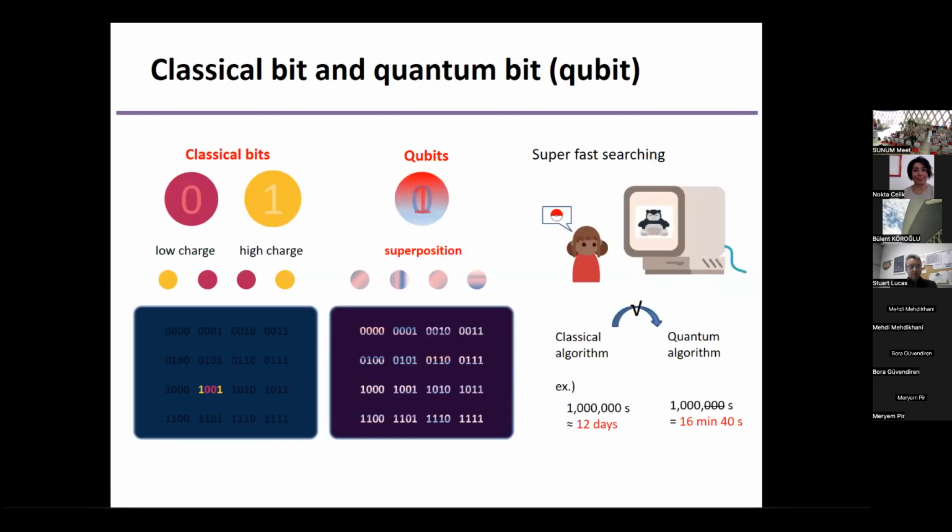You know, every day you use a classical bit in the personal computer, 0 and 1, but a quantum bit, qubit, is a superposition of 0 and 1. If you use a classical bit, the calculation takes 12 days. But if you use a qubit, the calculation takes 60 minutes. Huge progress.